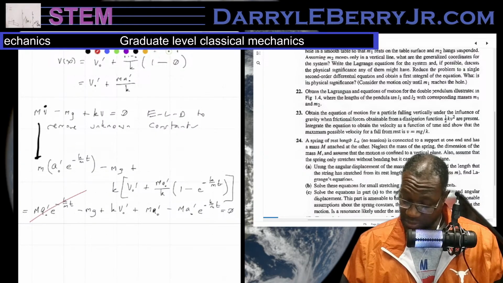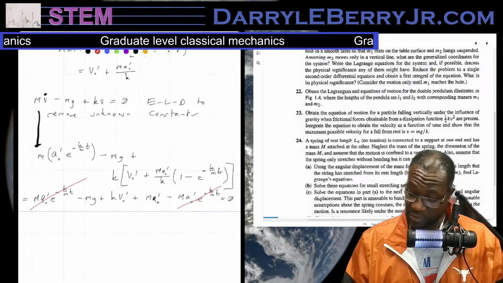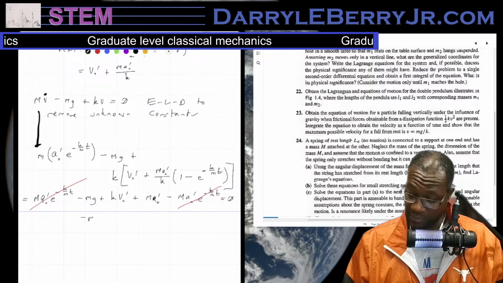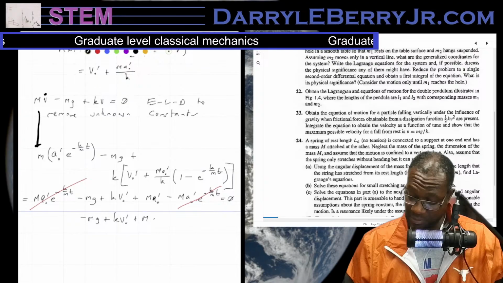So the exponential terms go away. So we have negative mg plus k v naught prime plus m a naught prime equals 0.